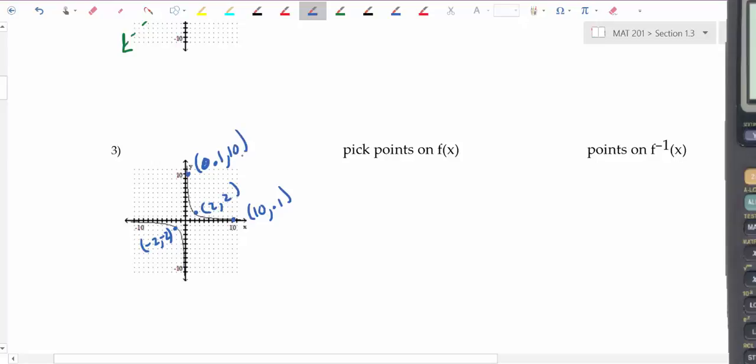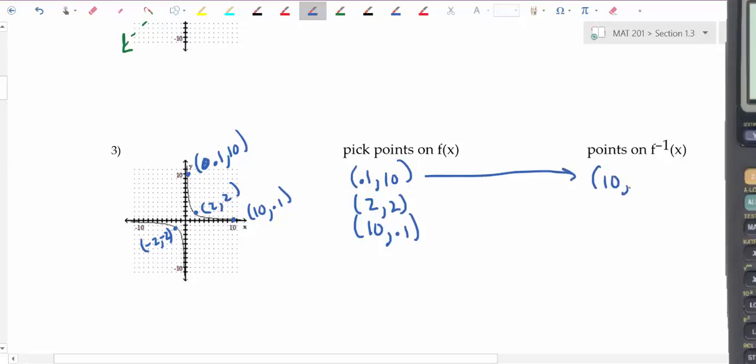Now, all I want to do is show you what would happen on these. So let's just use these 3 points: 0.1, 10; 2, 2; and 10, 0.1. All I'm going to do is give you an idea of a special case of what happens. If you did the inverses, what you would have is 10 and 0.1.